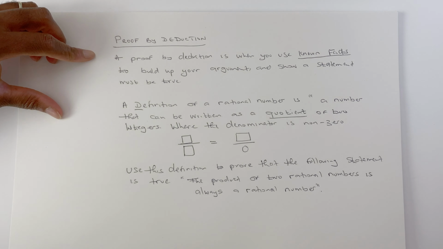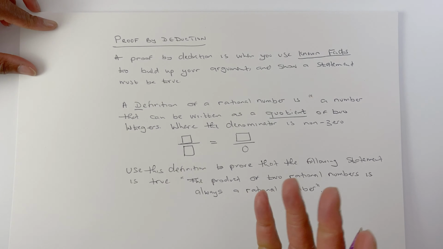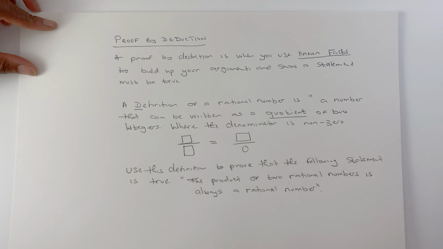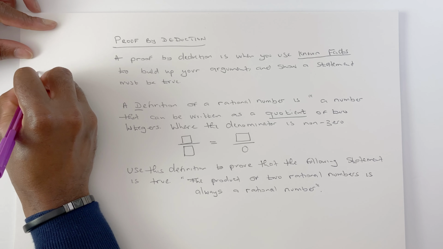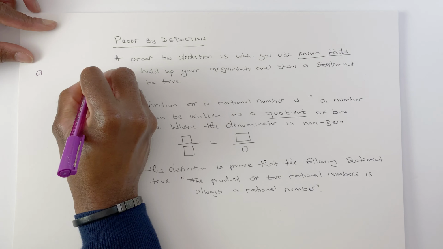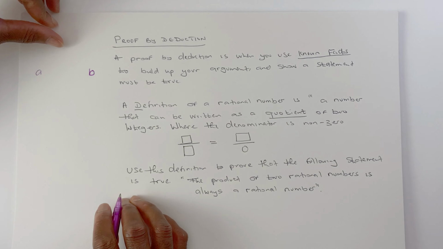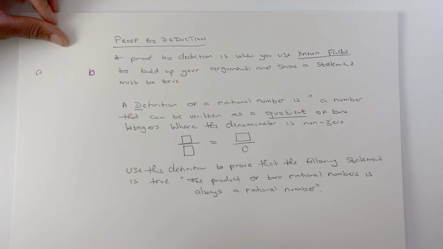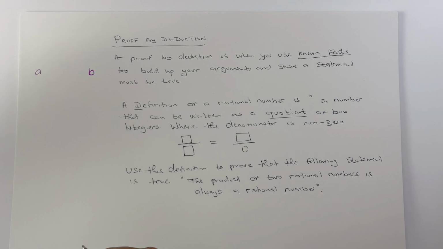And in order to do that, let's try it here. We're going to take two rational numbers and call them A and B. By definition, a rational number is a quotient of two integers.